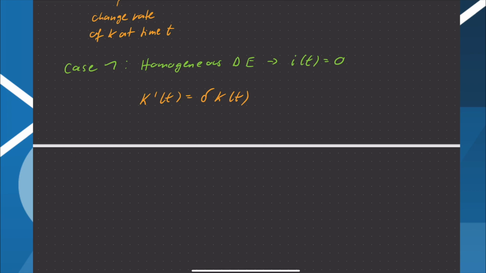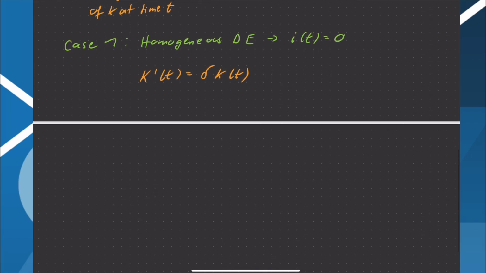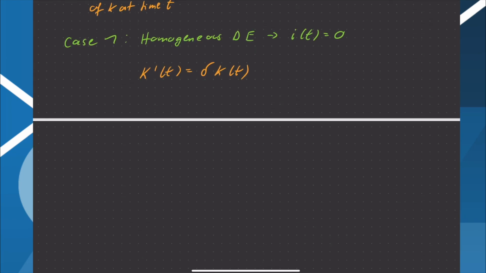And you hopefully all know a function that has this precise property, and that is the exponential function. So the claim here is a solution for this is k of t equals e to the delta t.